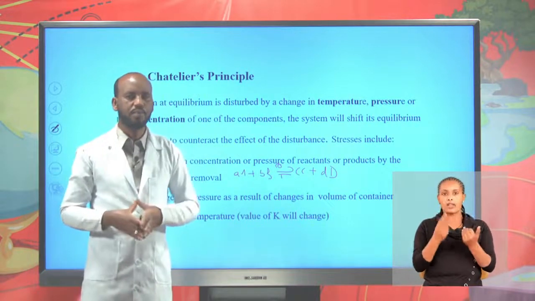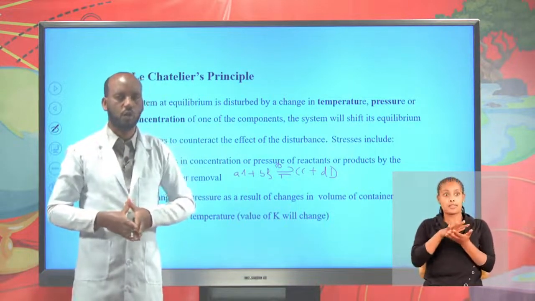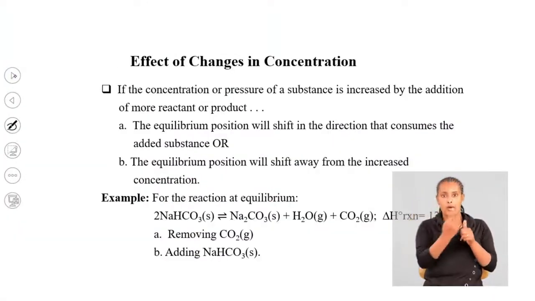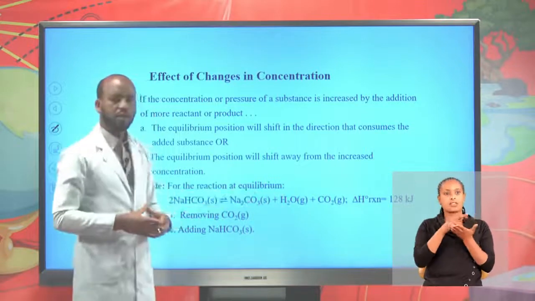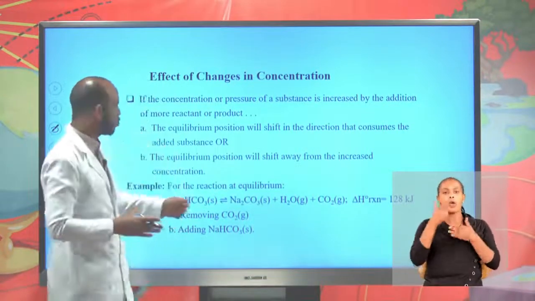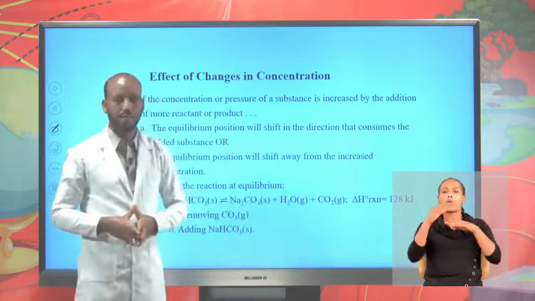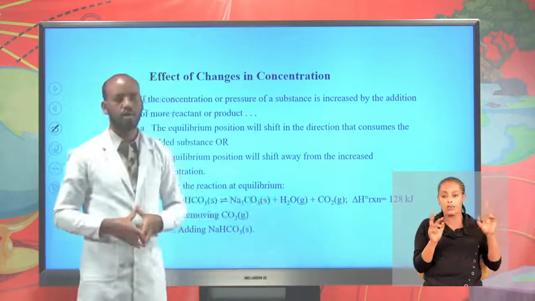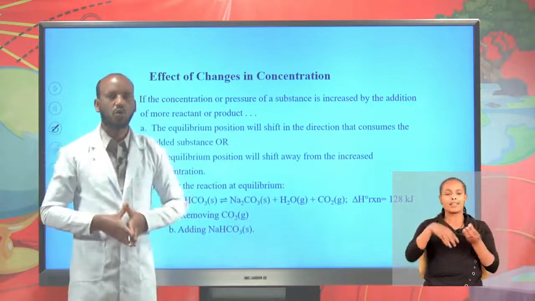Let us see the disturbances or the stresses one by one. Effect of change in concentration on equilibrium position. Take this reaction, this equilibrium reaction. What happens to the equilibrium position if concentration of a reactant or a product is increased or decreased?